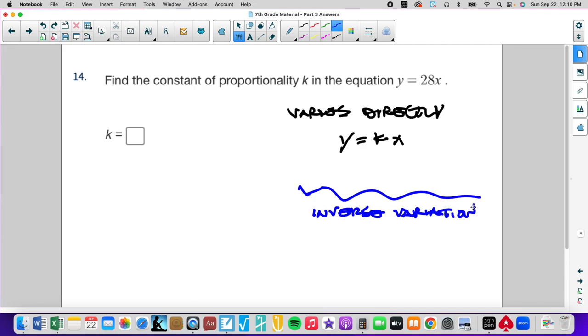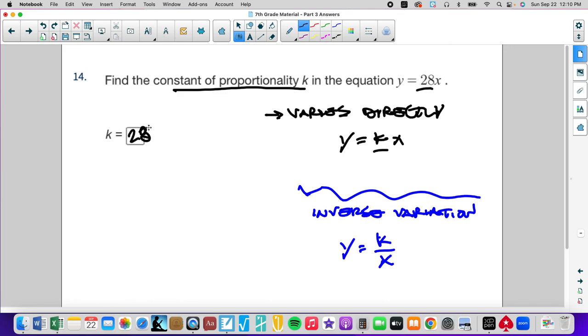If it varies inversely, you get y equals k over x, with x in the denominator, but that's not the case. It tells you it is proportional, so we're dealing with varies directly. The coefficient of x is our k value. So k equals 28. That's how easy that question was.